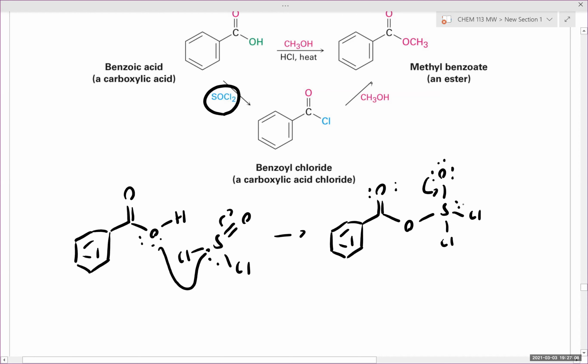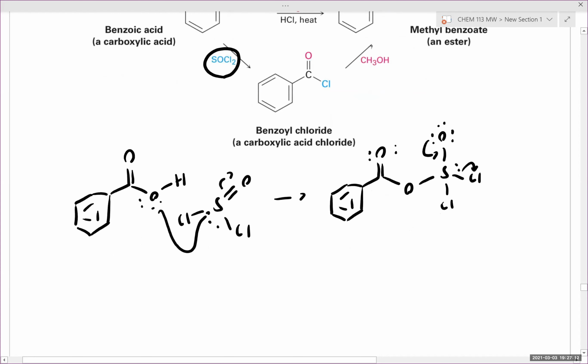From there, we're going to kick out a leaving group. So we have, in effect, in this process, generated a highly activated leaving group.